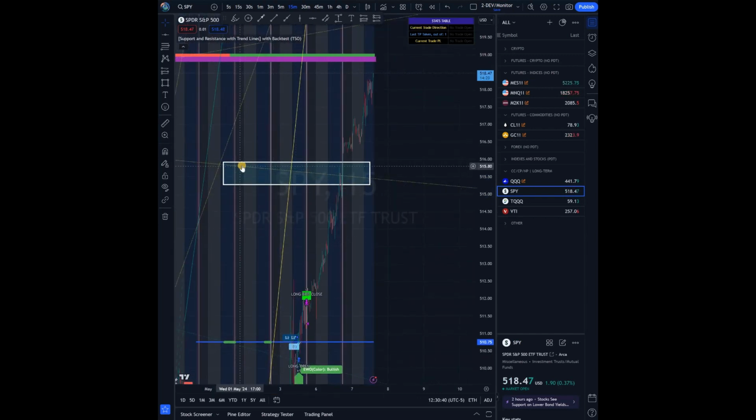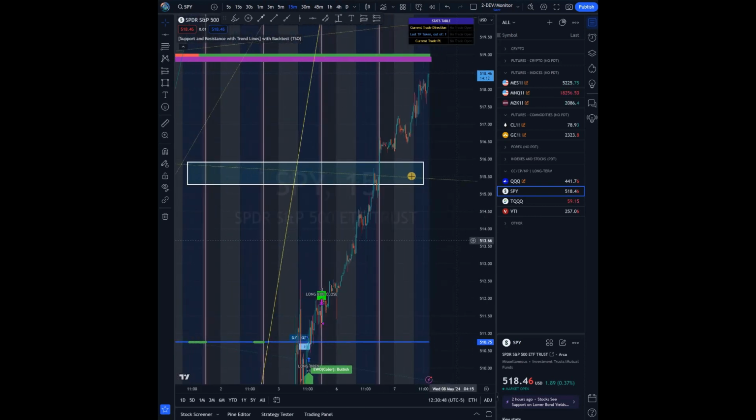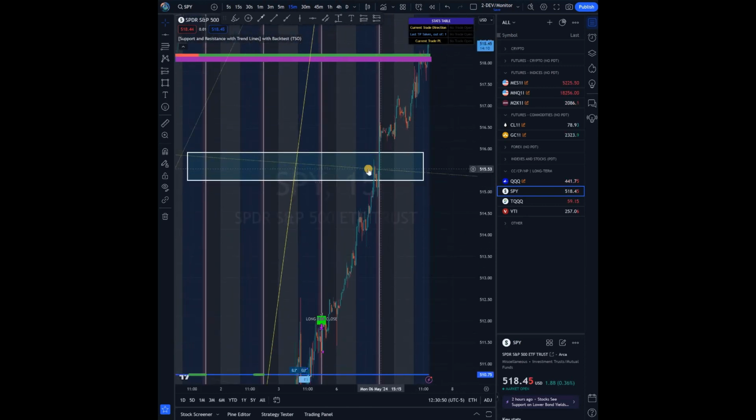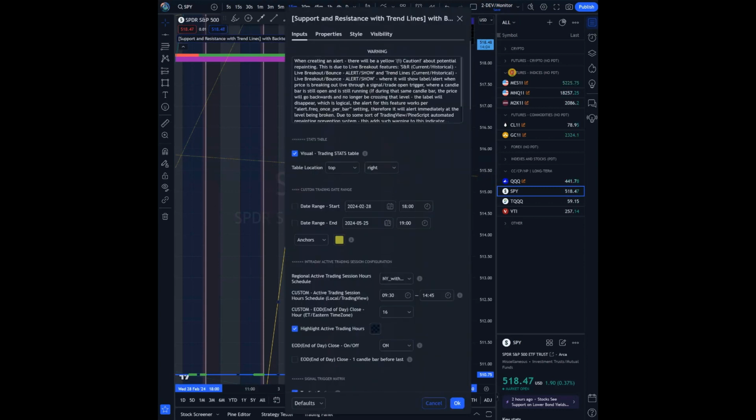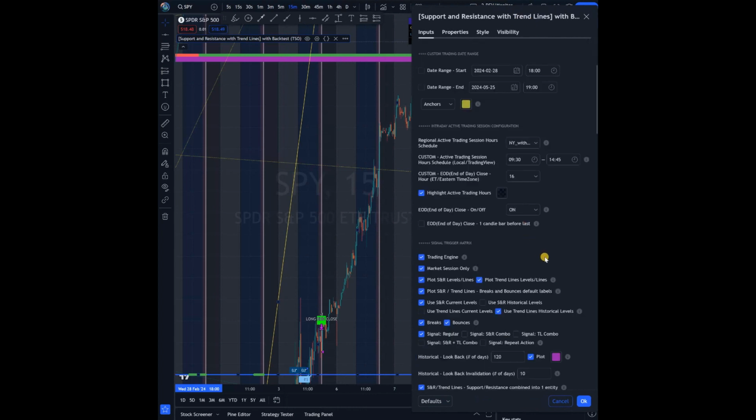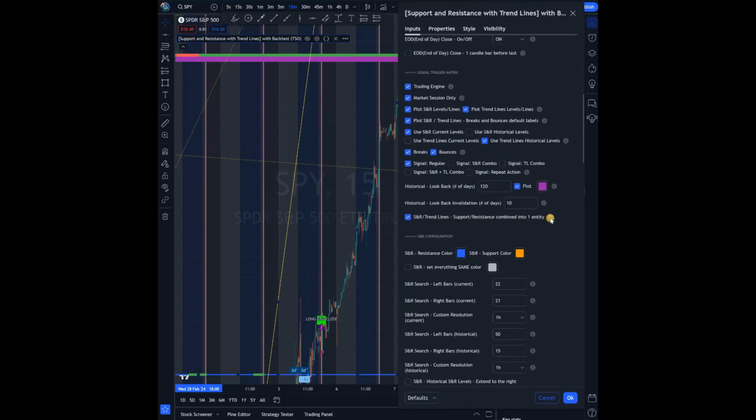If the trend line appeared within this bus, it would be legit, active, valid. It's also explained here, just like everything else in these bubbles. So keep that in mind.